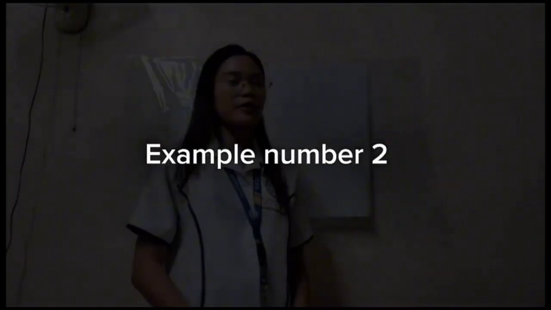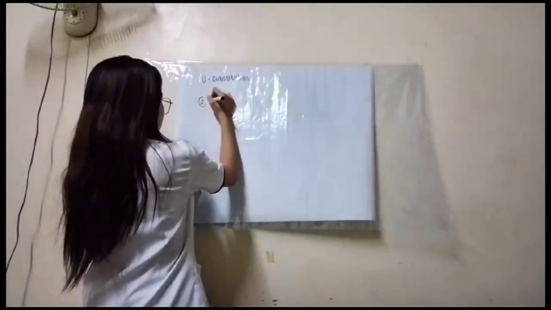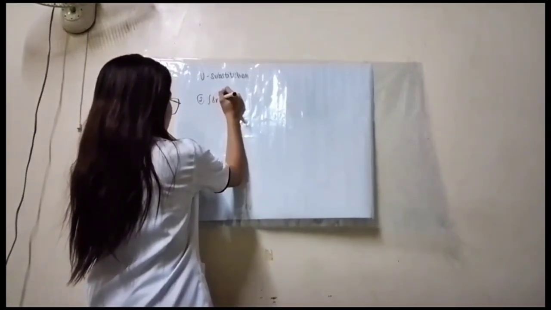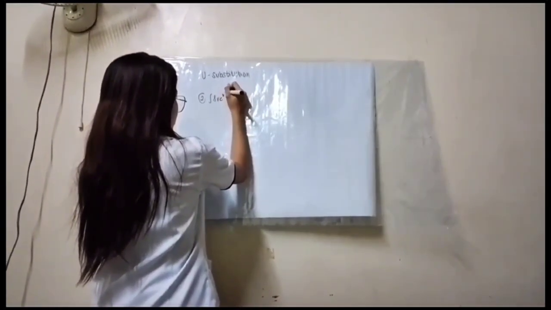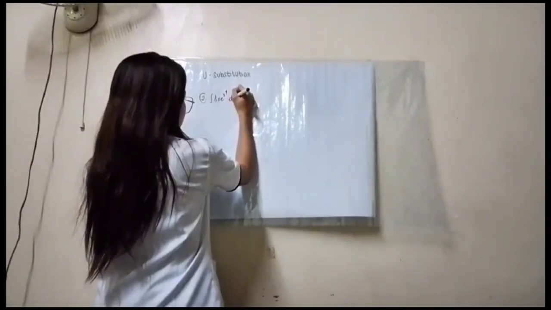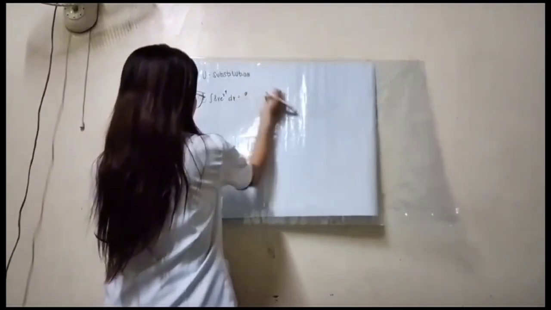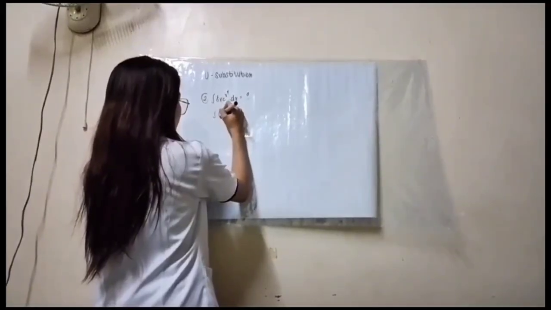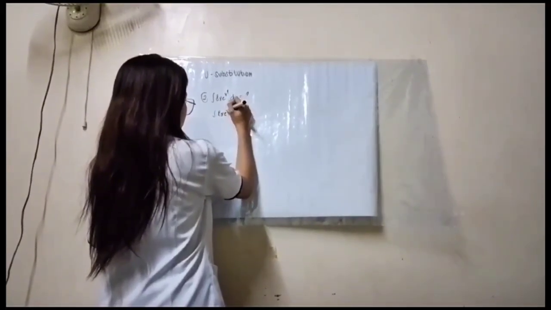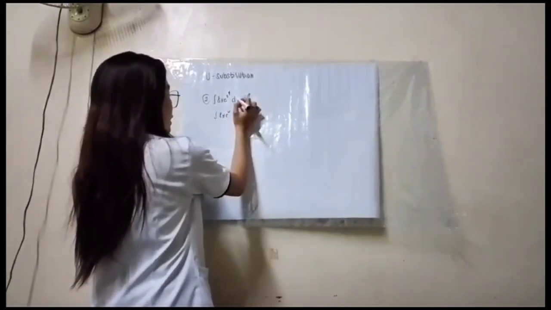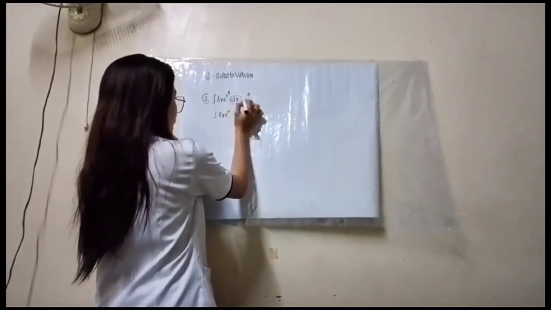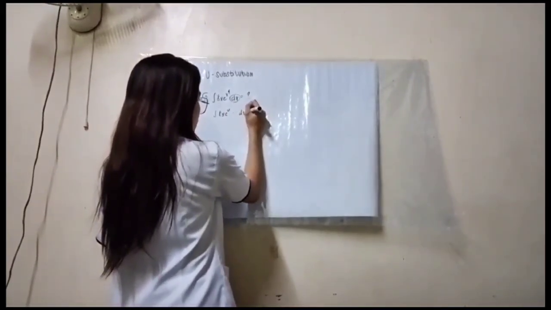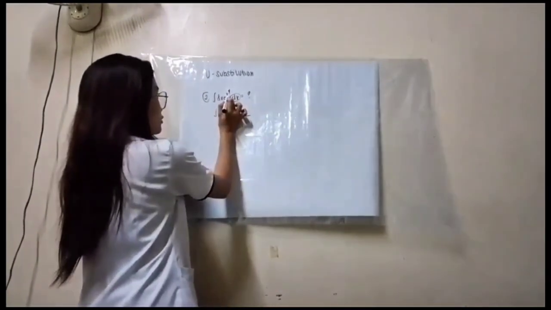For our example number 2, what if the example is the integral of 8x e to the x^4? So what will be the answer? The first step is to put the integral of 8x e to the u, and like I said, we replace this dx with du over 4x, since this is x^4.